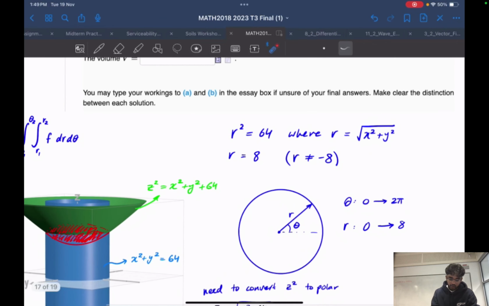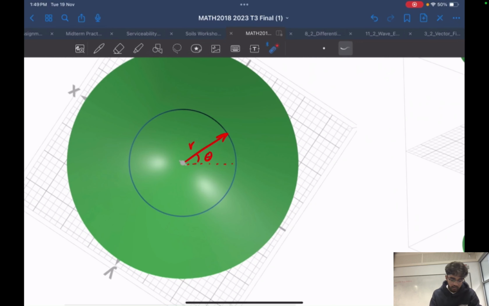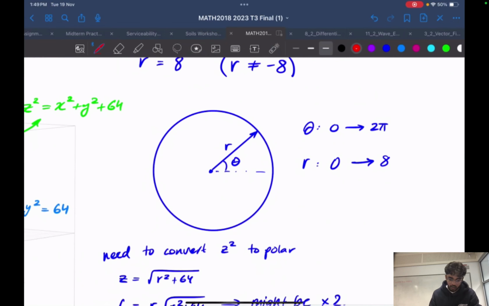And now I've drawn a top view of the actual cylinder, similarly to here. The lower limit for r is 0, and the maximum upper limit is 8, right?